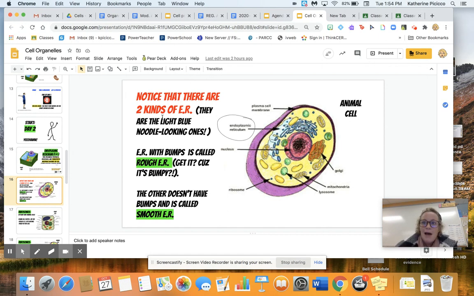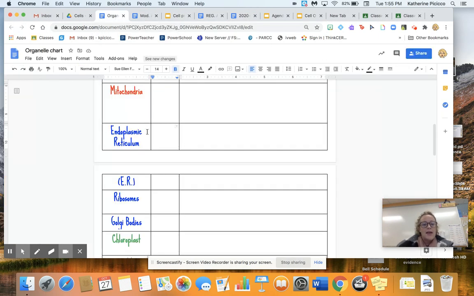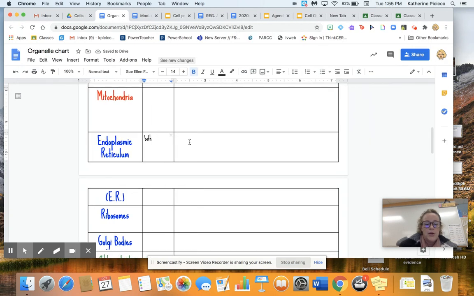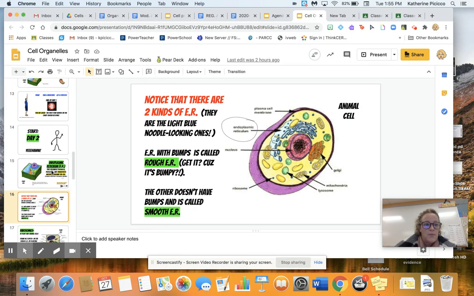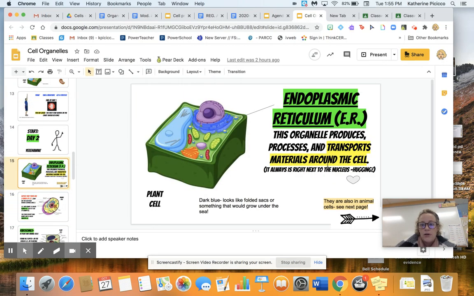Okay, so let's stop and take notes on that. Okay, so the endoplasmic reticulum we said was in the plant and the animal, so we're going to write down both. Hopefully you can see this. Let me make it bigger. There we go. Both. The job of the endoplasmic reticulum is that it transports materials around the cell.